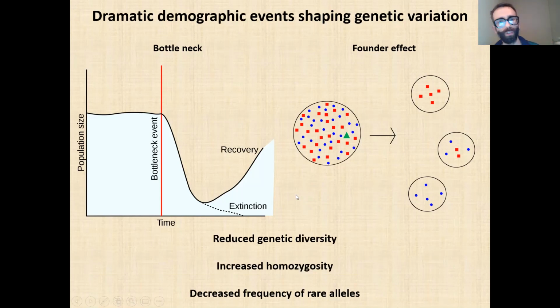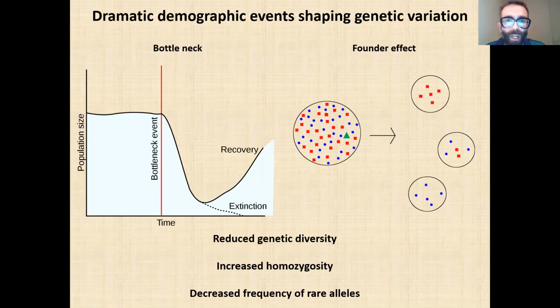So basically, a bottleneck is often associated with reduced genetic diversity, again, because by chance, not all the alleles can be maintained or can be transmitted to this tiny population. And because when there are very few individuals, these individuals will go through inbreeding, and that will increase homozygosity, at least in the short term.